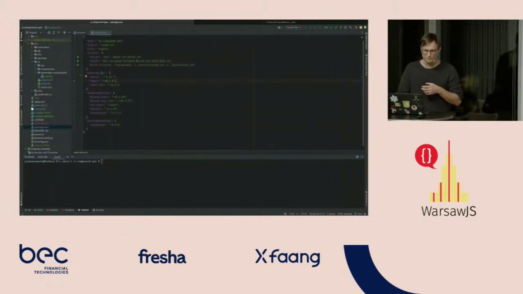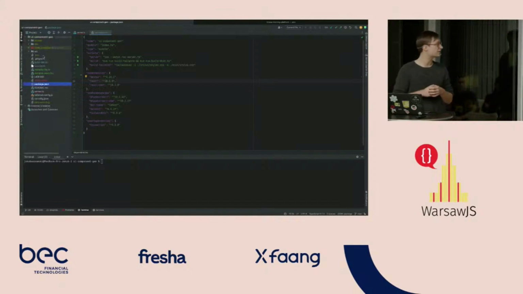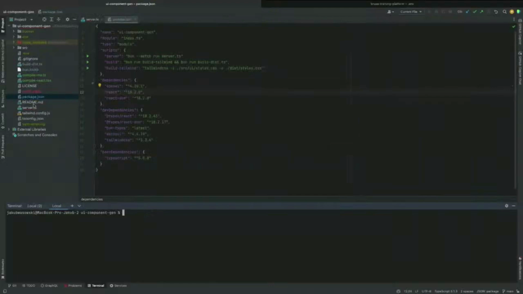When initializing a new project, I'm going to hide these directories because I will show you everything later. First things first, we have our package.json initialized, and TypeScript is here out of the box. As you can see, nothing is changed.